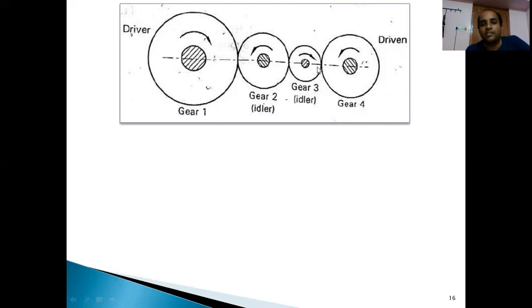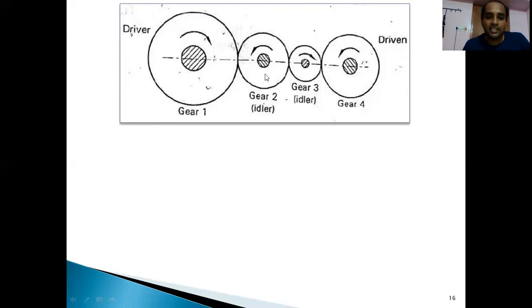That is the reason we are using small gears placed in between the driver and driven gears, whose function is to transmit only the power from the driver to the driven. They are not changing the entire velocity ratio. Keep in mind, whatever the power or the velocity ratio is to be transmitted from 1 to 4, the velocity ratio is not changed. They are provided only to accommodate the space between the driver and the driven gear.